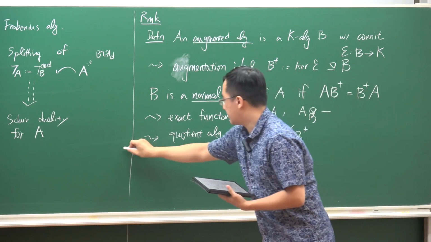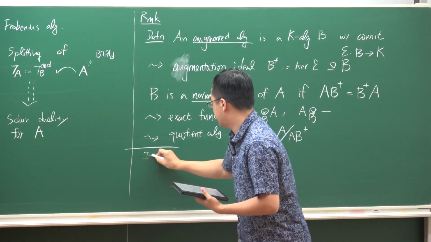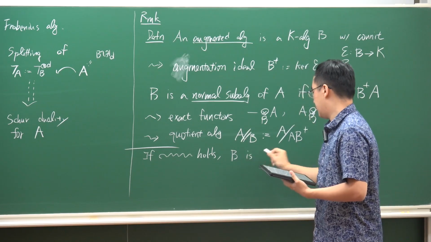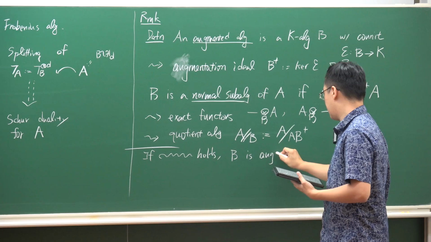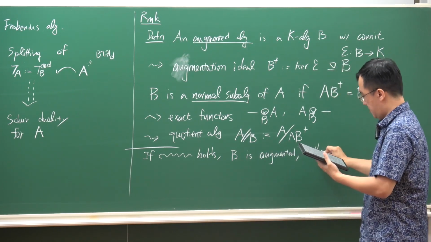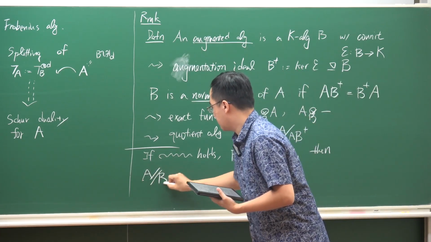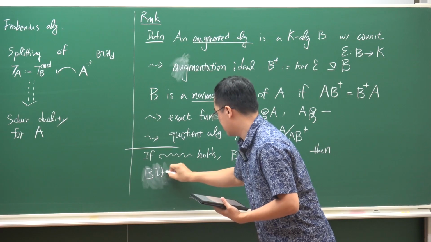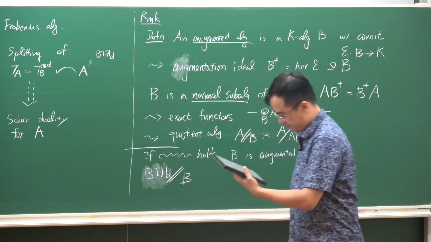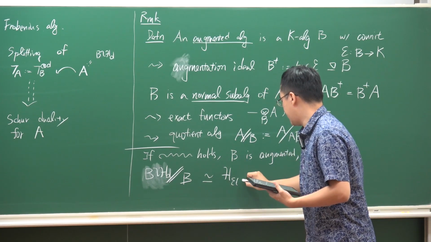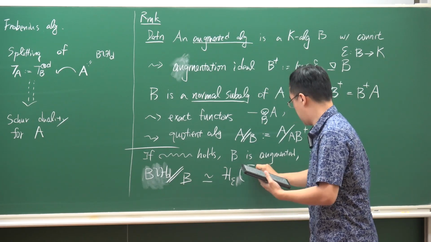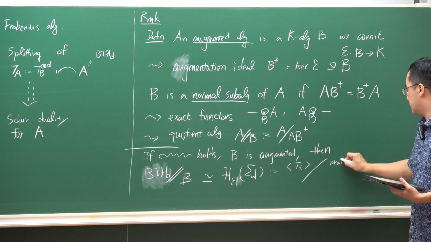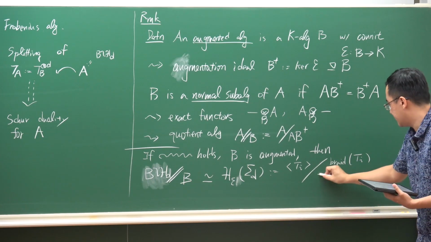And then one can show that if something holds and B is augmented, and also assume that B is augmented, then your quantum Wreath product algebra quotient B is isomorphic to the Hecke algebra of type A, which is generated by those Ti modulo the braid relations for Ti, and the quadratic relation is the usual one.